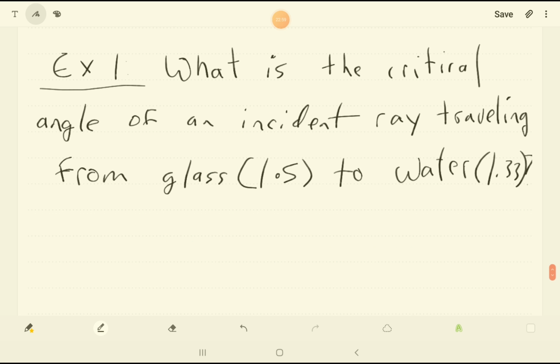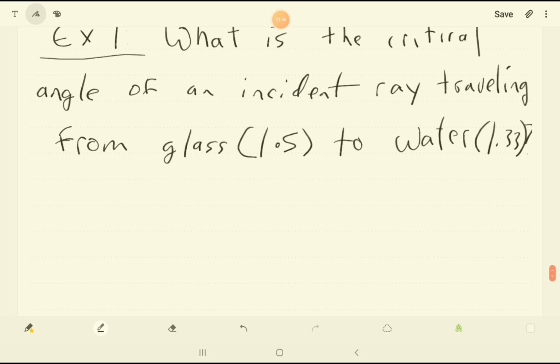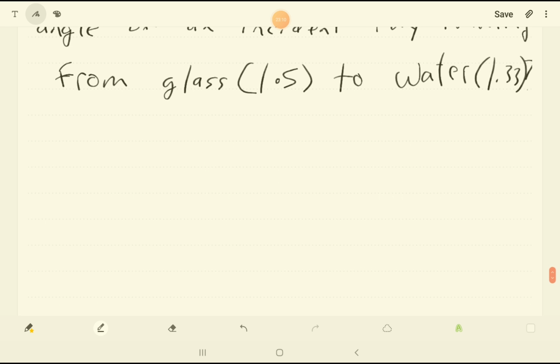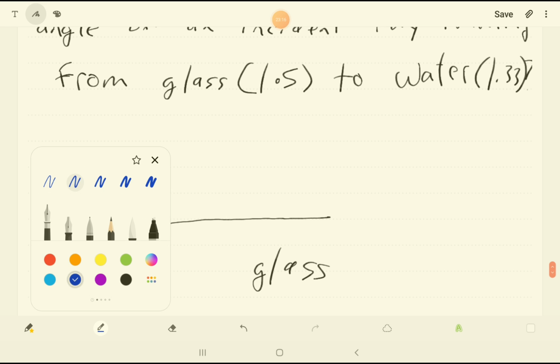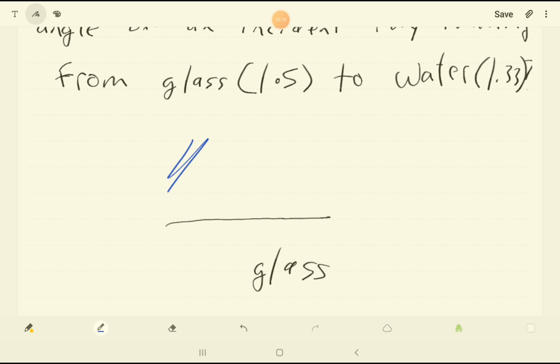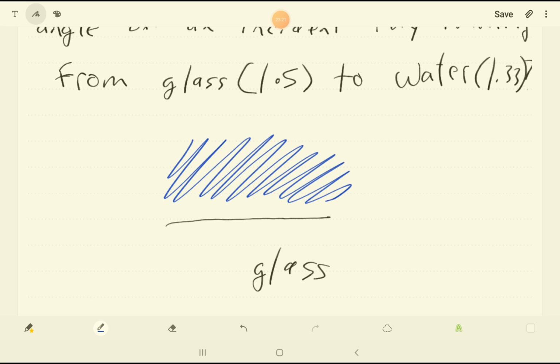So in an example to show you how this works, what is the critical angle of an incident ray traveling from glass, which has an index of refraction of 1.5, to water, 1.3? So let's pretend that there's a sheet of glass, and then above it here, okay, we'll just kind of do it like this. This is water.